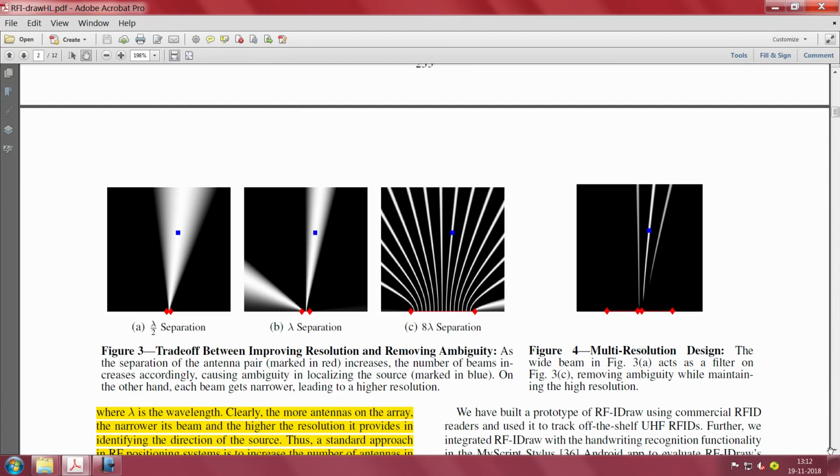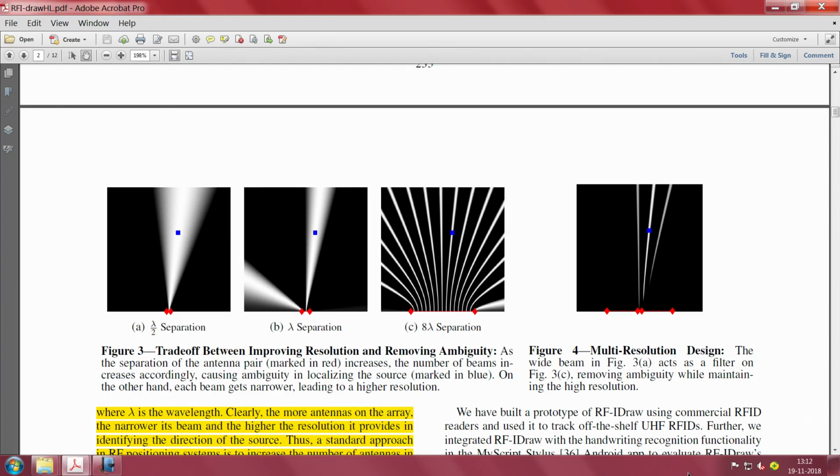So if you have a hybridized antenna separation, you would get something like figure 4.